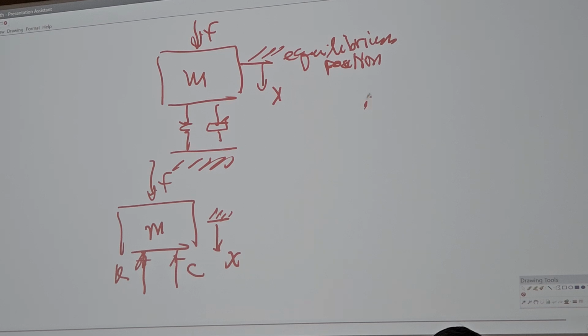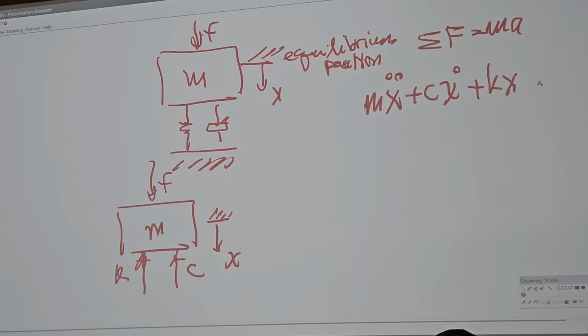So you have M X double dot plus C X dot plus K X, right? The summation of forces, M X double dot, equal to F, right?